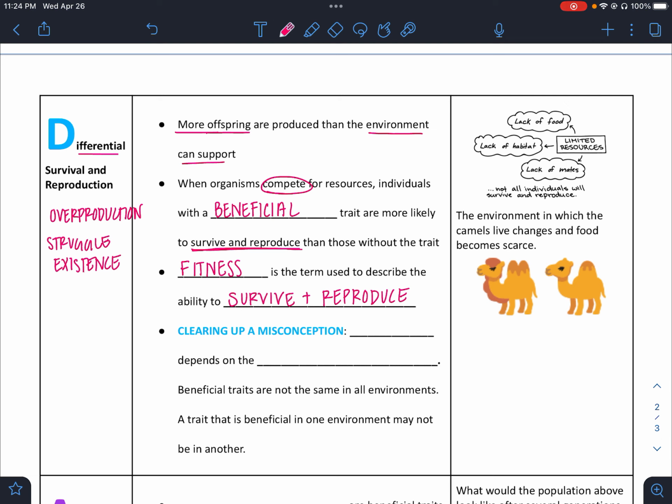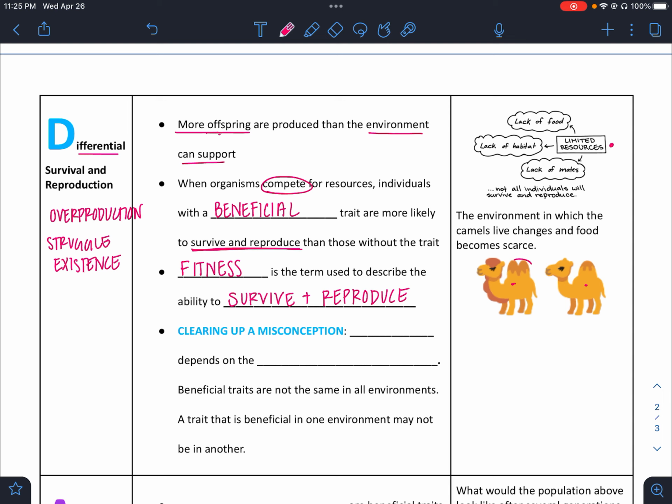Okay? So, again, we're looking at some kind of limited resource. We're saying more offspring are born than can survive, so we're competing. Okay? So if we go back to our camel example, we have our two variations, two humps and one hump, okay?